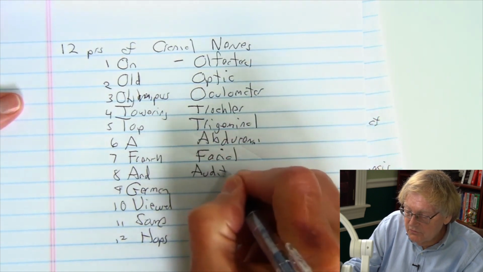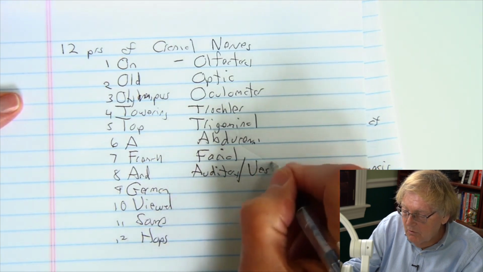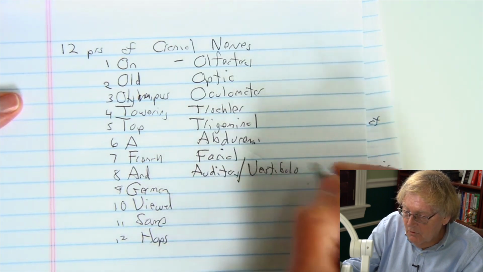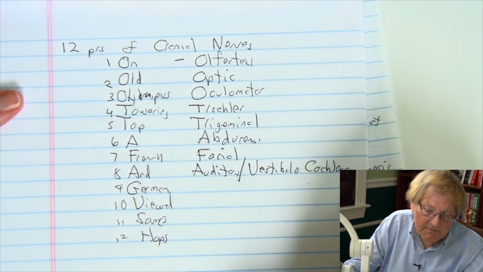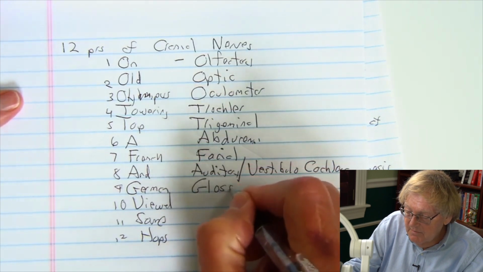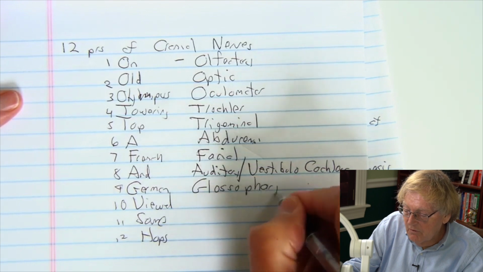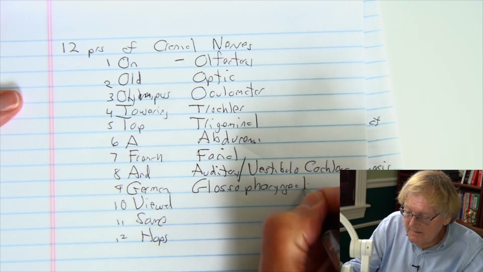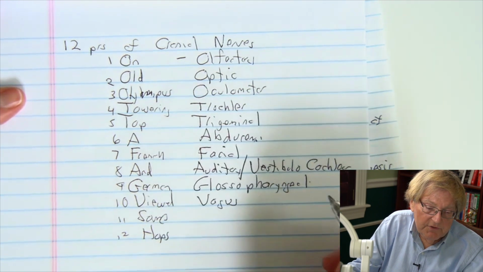But remember, the auditory has been renamed. It'll also be called the vestibulo-cochlear. So therefore, think of the hearing and balance. G, glossopharyngeal. Remember, glosso is tongue, pharyngeal is pharynx or throat. V is vagus. Remember, the vagus nerve is going to control your heart.